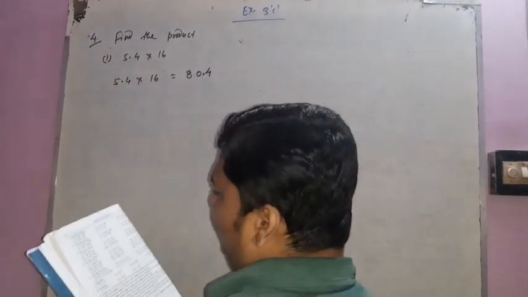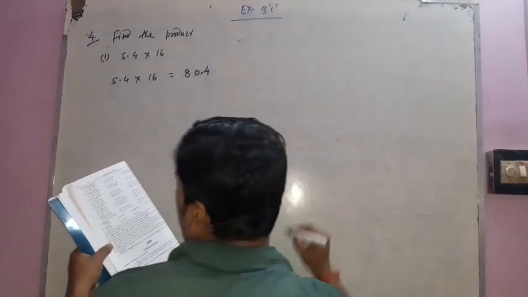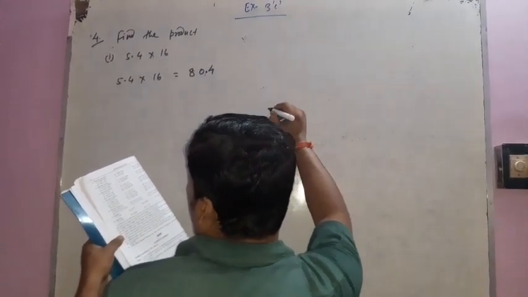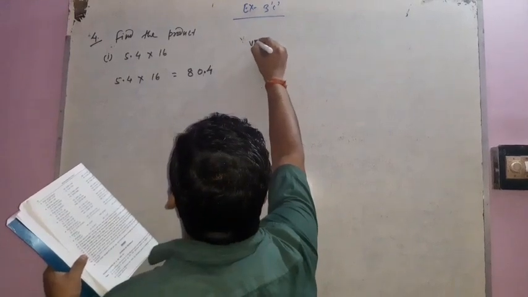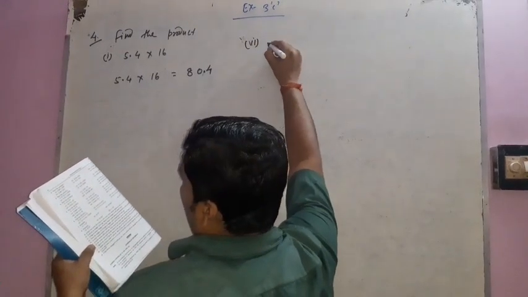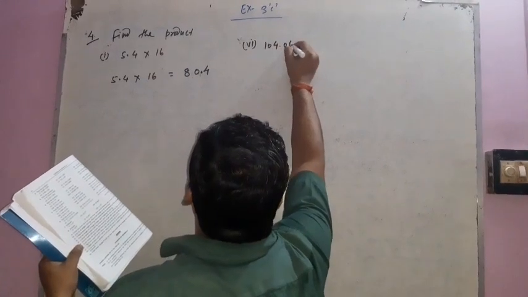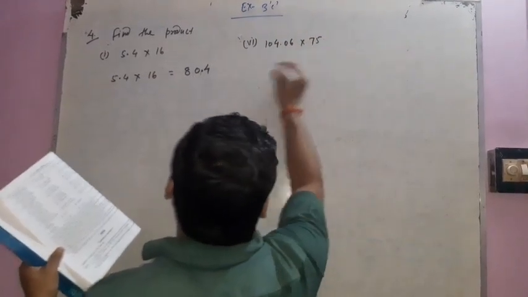Look at one more example of question number 4. Question number 6: 104.06 multiplied with 75.